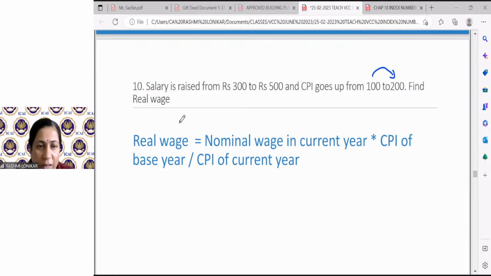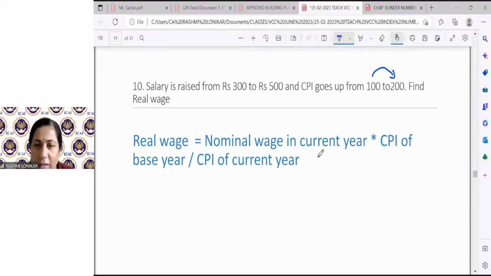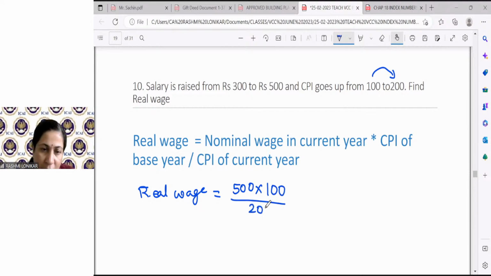Okay, so real wage is equal to nominal wage in the current year into the consumer price index of the base year upon the consumer price index of the current year. So real wage will be equal to nominal wage in the current year, which is 500, into the consumer price index for the base year, taken as 100, upon 200.